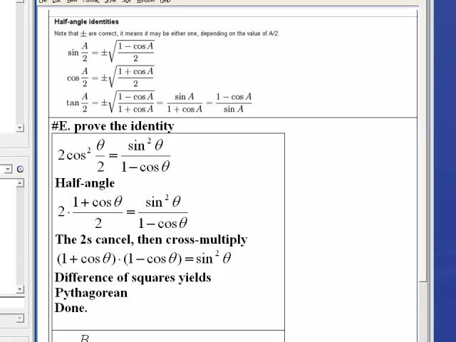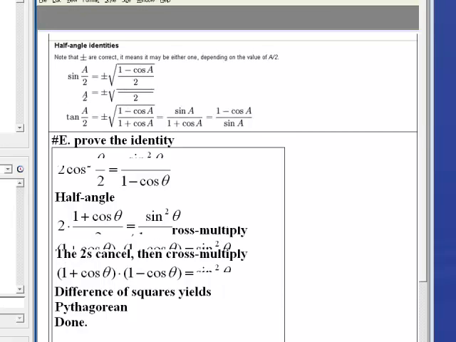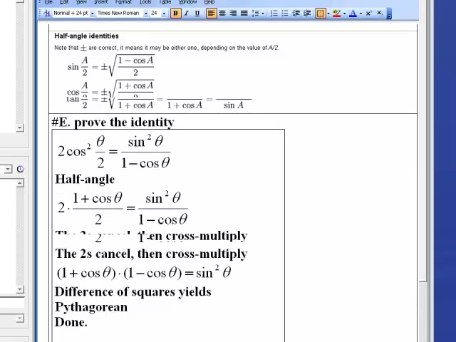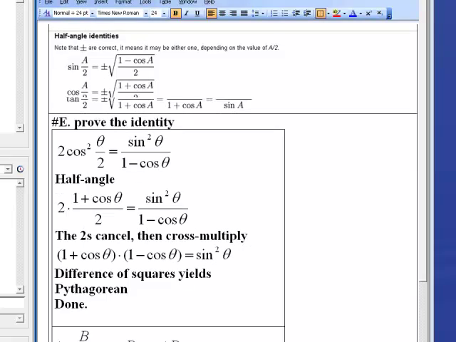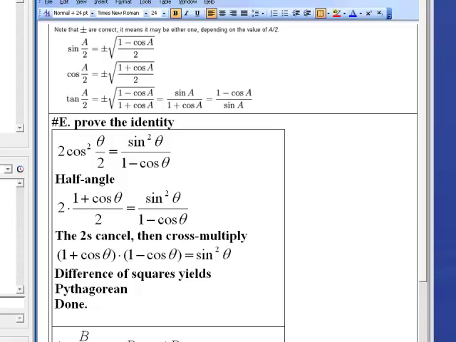And now I may switch actually the cotangent here. I use the ratio identity, cosine over sine. And I can easily see that the left side already equals the right side. And we're done with this one. And what we did use on the left, the half angle identity.